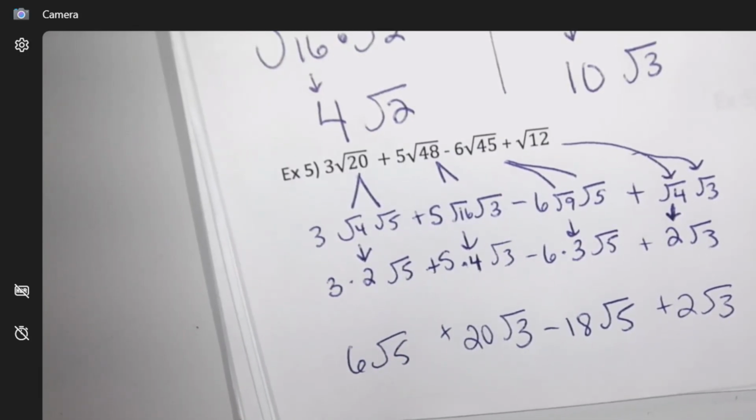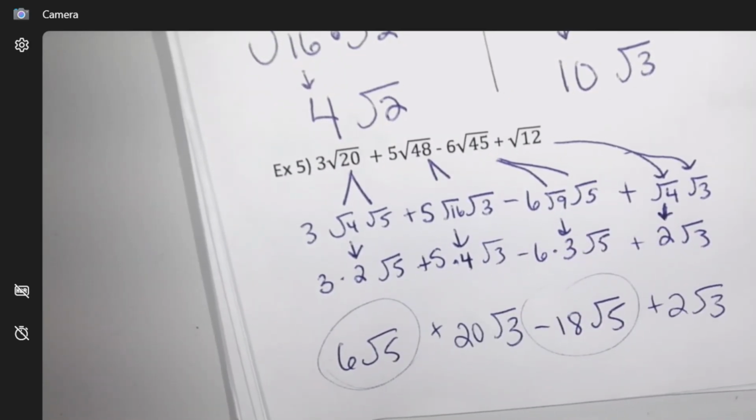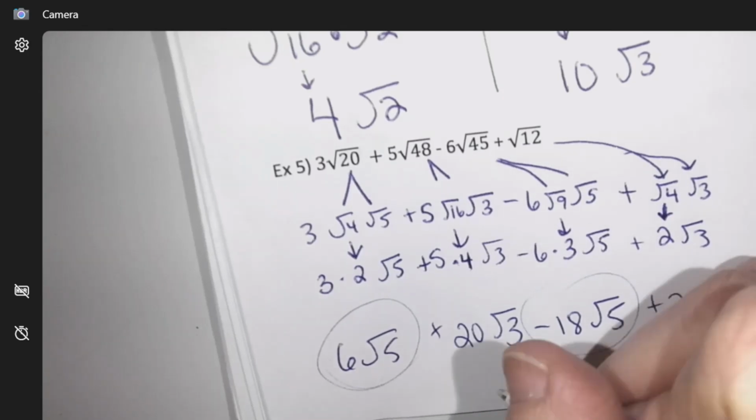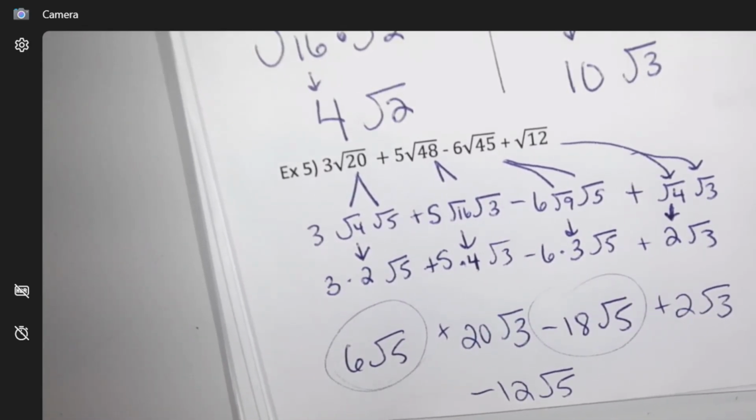Okay, you're not done, because now what do you need to do? Collect like terms. So root 5s, I have 6, and then I have minus 18. So now I have minus 12 of those root 5s.